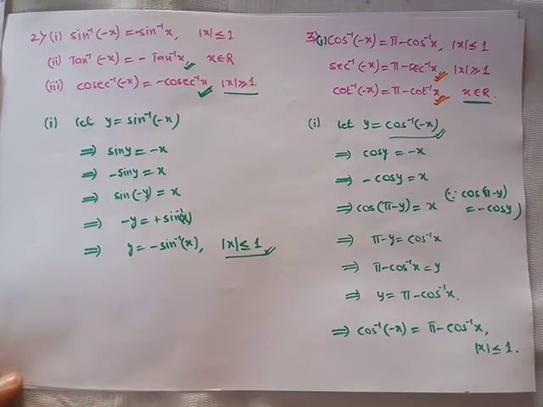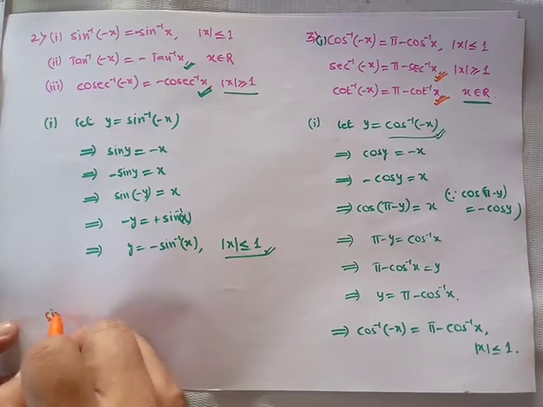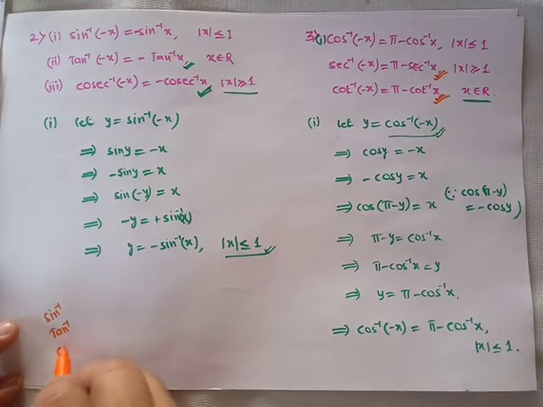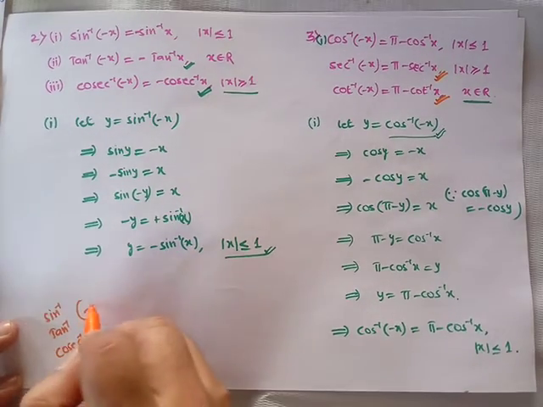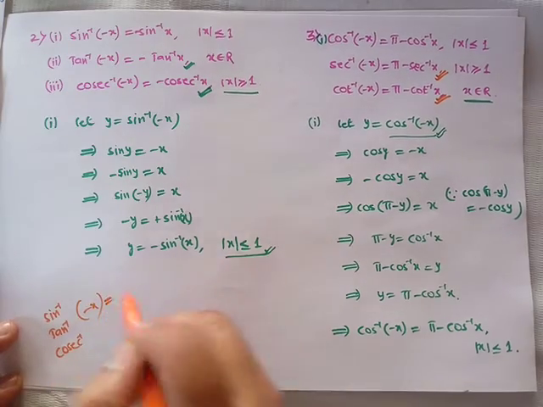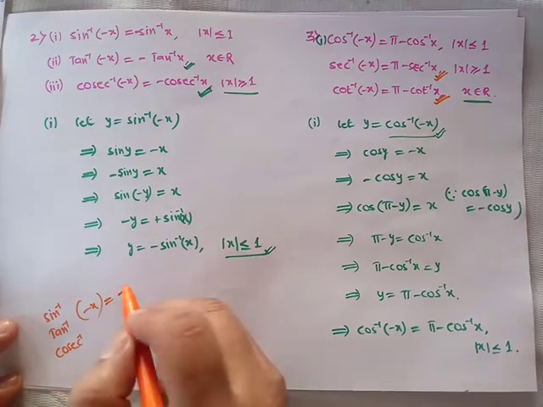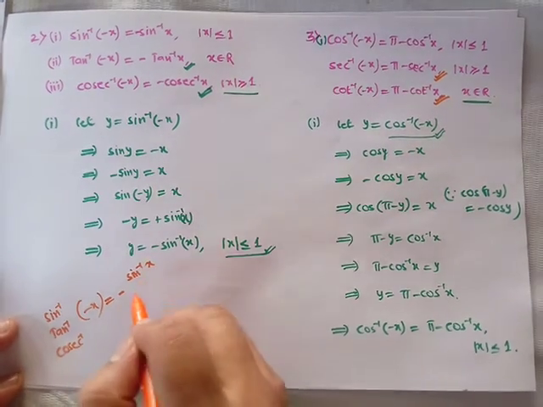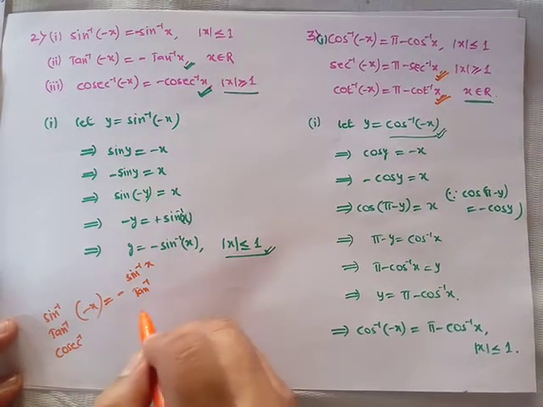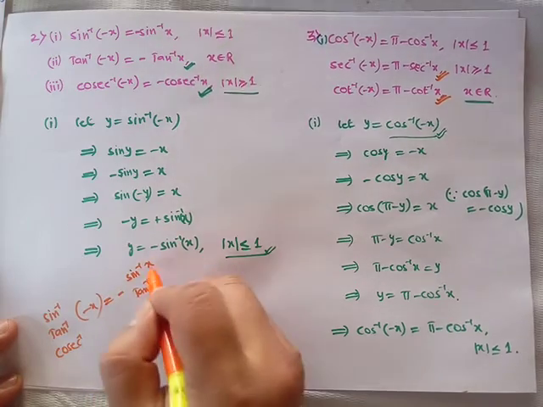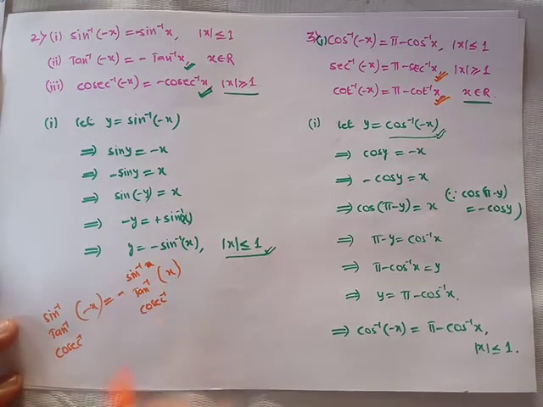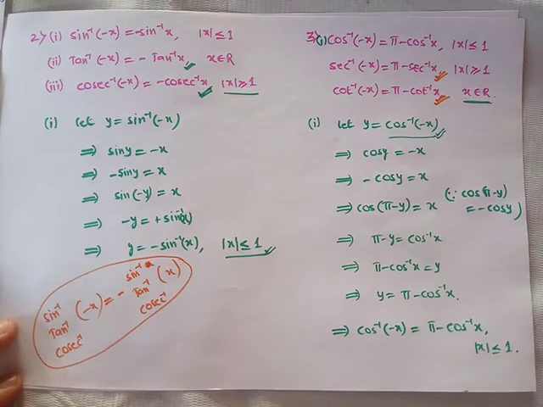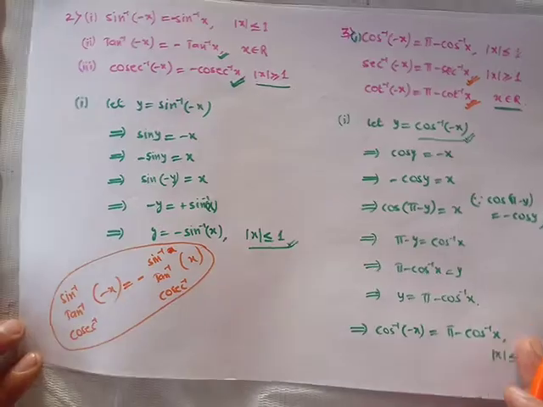So I'm rewriting all of them here. Sin inverse, tan inverse, cosec inverse of minus x is equal to, take minus out, then sin inverse of x, tan inverse of x, and cosec inverse of x. So it will come for the first type. And what is the second type?